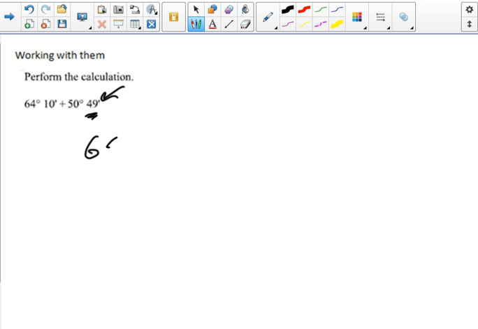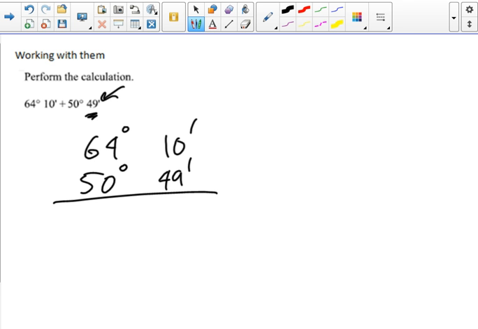We're going to take 64 degrees 10 minutes and add it to 50 degrees 49 minutes. And I got 59 minutes and 114 degrees. Now, in this case, we're done.